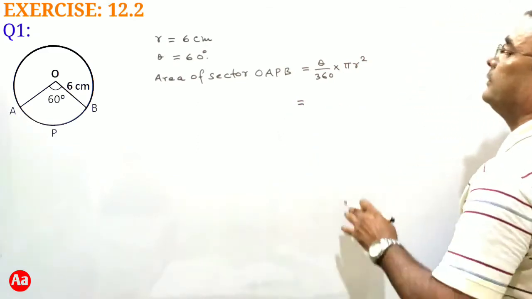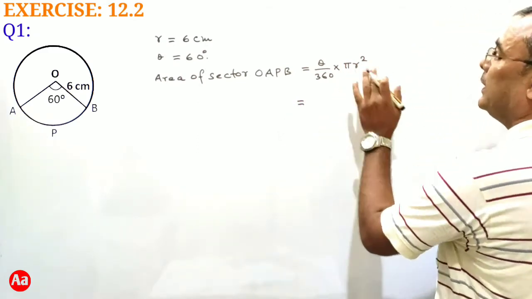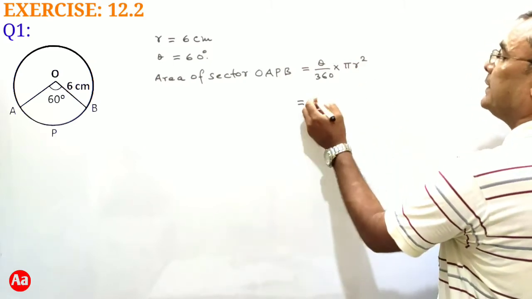Let's put the value of theta and radius. Pi value we will substitute 22 by 7.